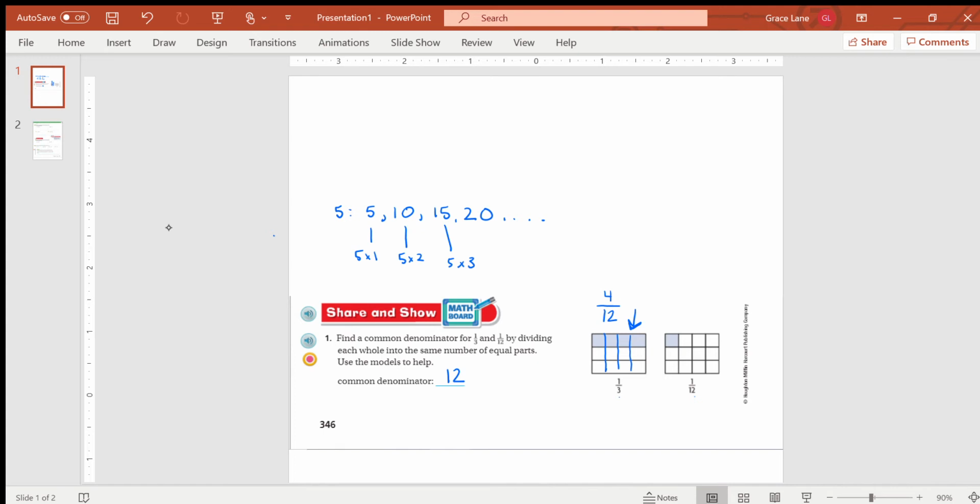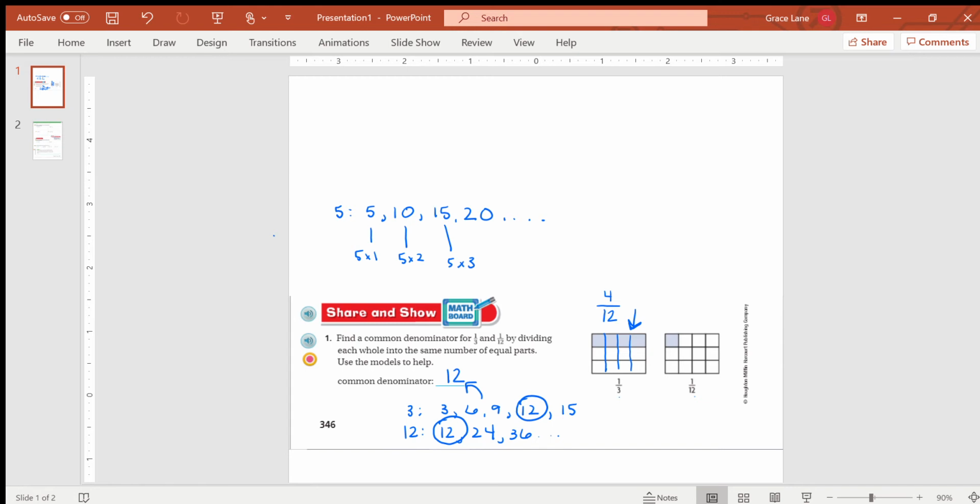Like if I list out the multiples of 3, 3 times 1, 3 times 2, 3 times 3, 3 times 4, 3 times 5, and then I did it for 12, 24, 36, you can see in the two lists that they both have a common multiple of 12. So another way to do it would be to list them out. But either way, number 1's 12.